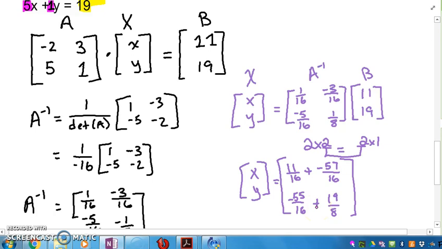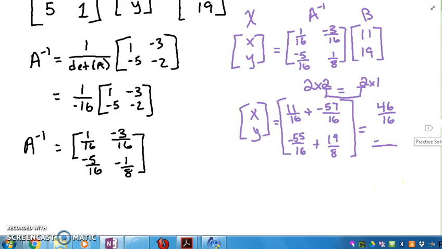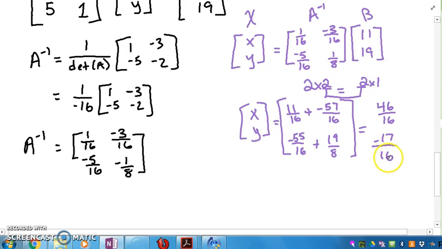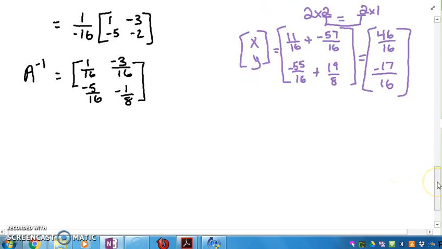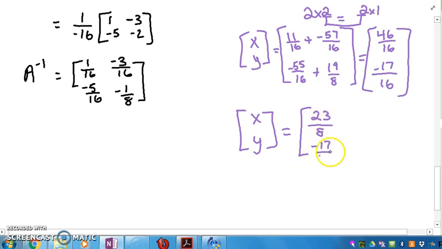And so you could reduce this, so this here should be 17 over 16, -17 over 16, and all that's left is to simplify our fractions, which X and Y should equal 23 over 8 and -17 over 16.